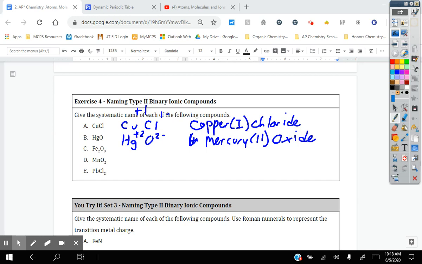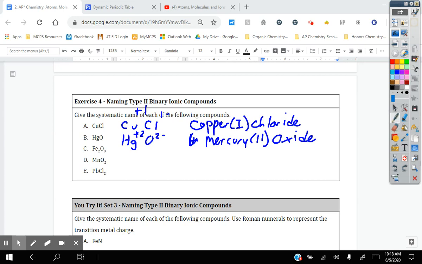There's actually technically another way you could write it. There's an old nomenclature system where it refers to mercuric and mercurous. Mercuric refers to the +2 oxidation state. Mercurous refers to the +1 oxidation state. But mercury(II) oxide is fine for what we're doing.